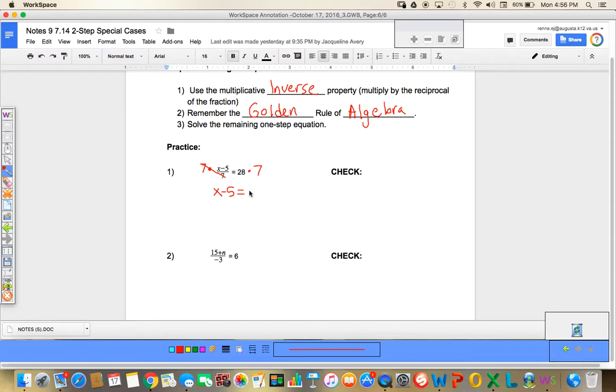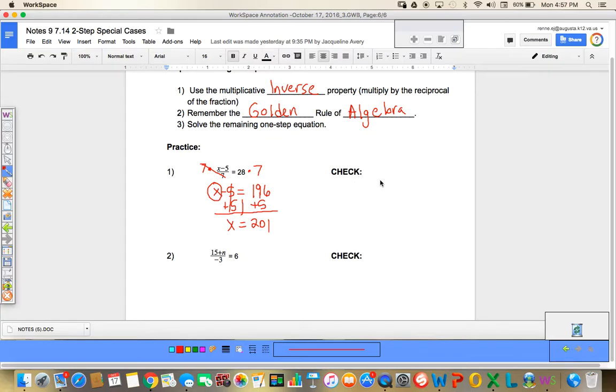If you said 196, you are in fact correct. Now we circle our variable. We want to get rid of minus 5. The opposite of subtracting 5 is adding 5. 196 plus 5 is 201.